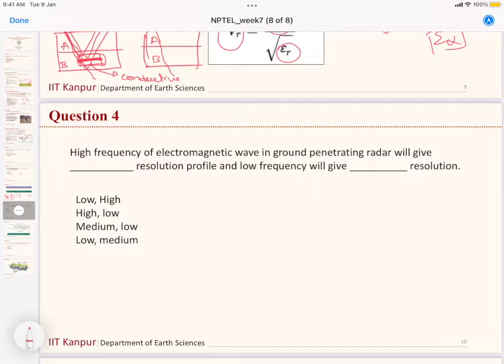The high frequency of electromagnetic wave in GPR will give dash resolution profile and low frequency will give dash resolution. So here we have to choose high, low, medium. We have these three keywords and combinations of them. So what do you think? Just make a raw guess.